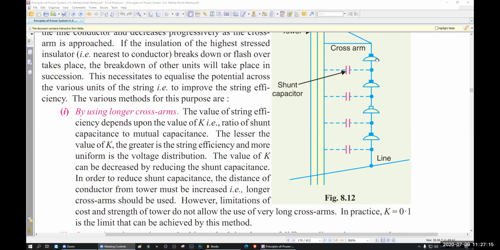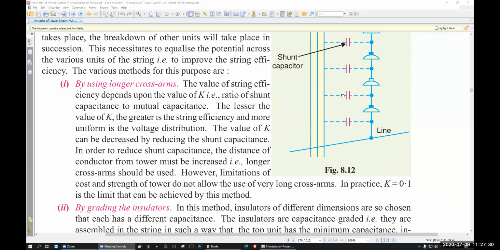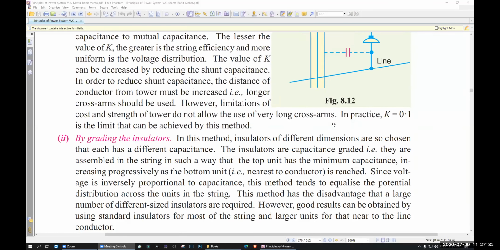One is small, one is medium, one is large, one is extra large, something like that. So that is a problem. You have to make different sizes of insulator disks. That's why this method is expensive.